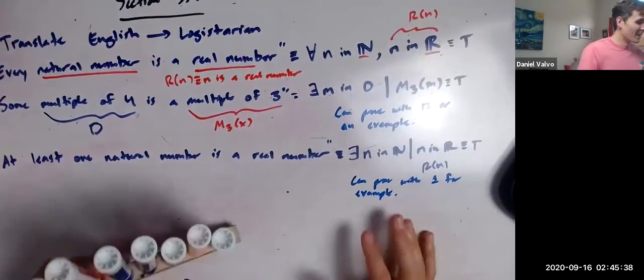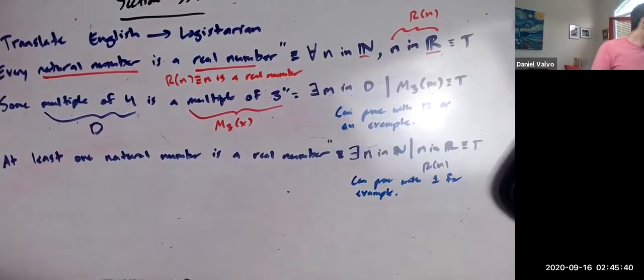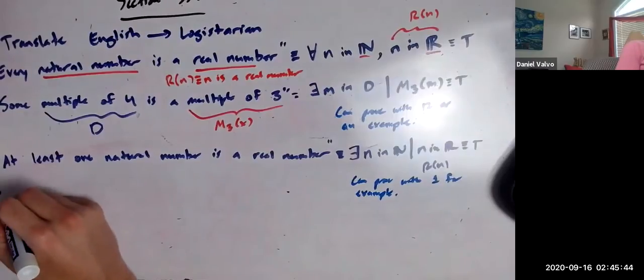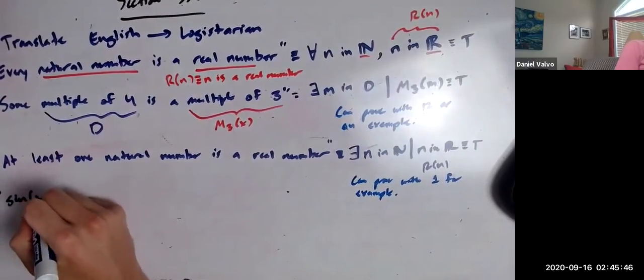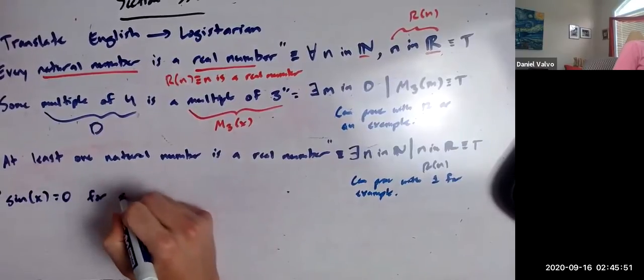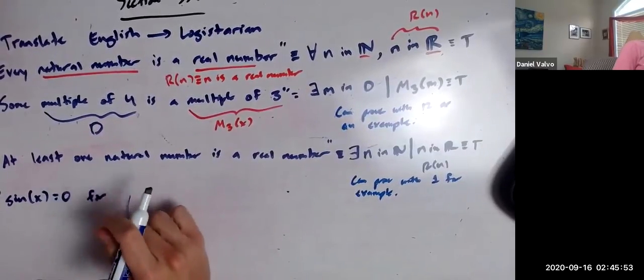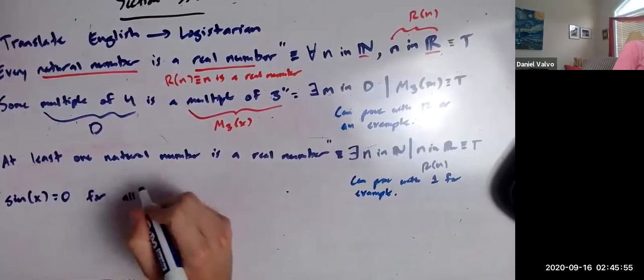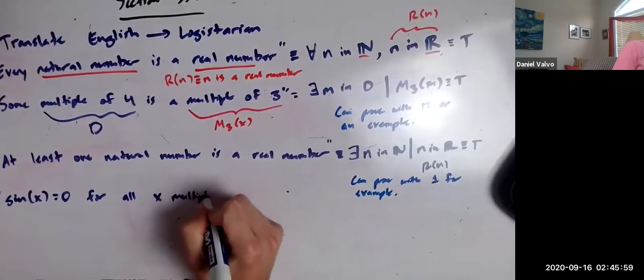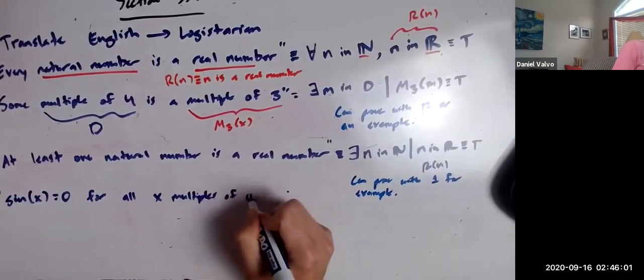Okay, so let's move on. Let's say, what if we have sine of x equals 0 for all x multiples of pi.